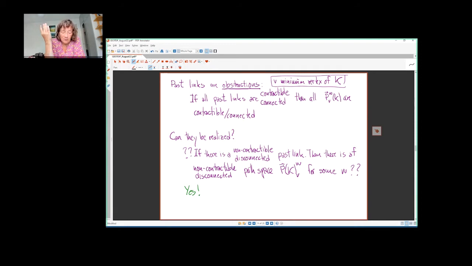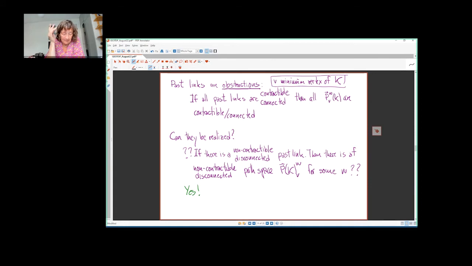So I need to go in the other direction. This is realizing the obstructions, in the sense that if there is a non-contractible past link, then I want to know there is a non-contractible path space, and similarly for a disconnected past link, then there is a disconnected path space. And yes, we can actually do that.